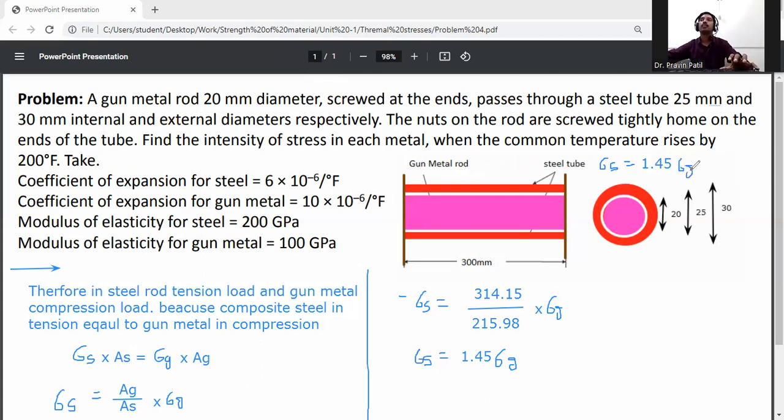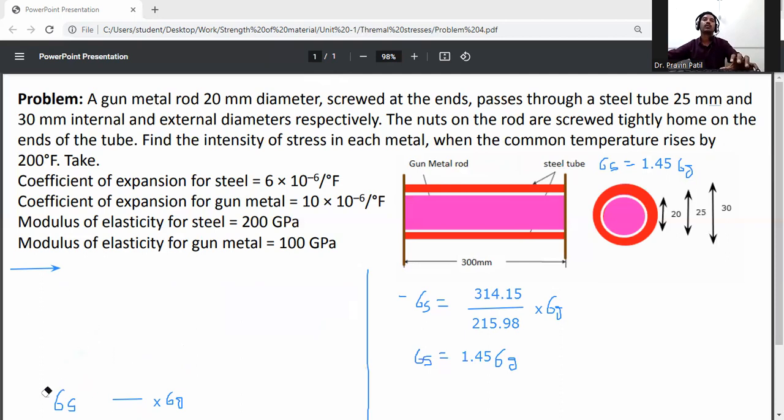So now next it will be total strain. We know that total strain is equal to Es plus Eg, which is equal to T in bracket alpha g minus alpha s.